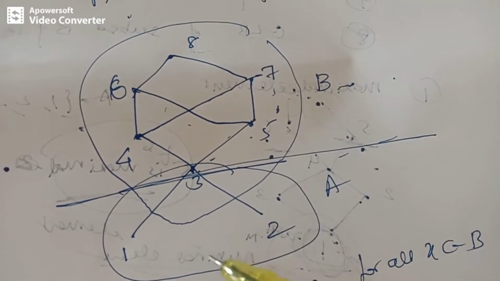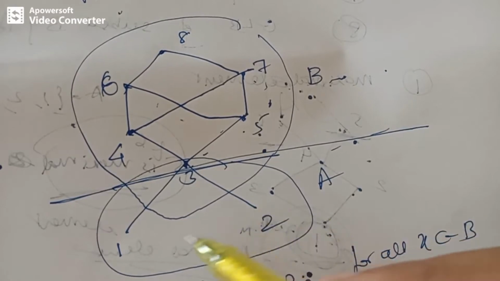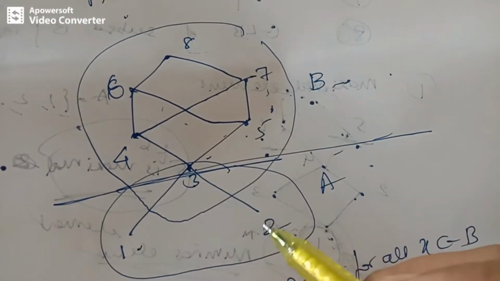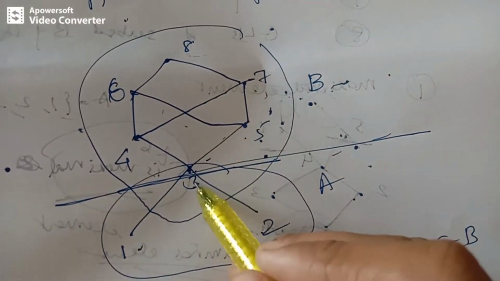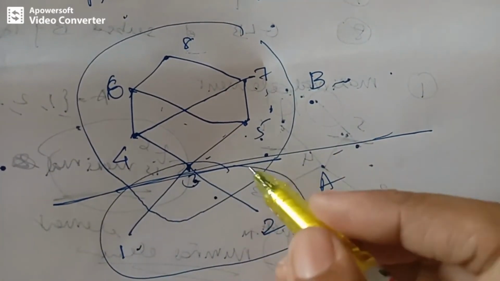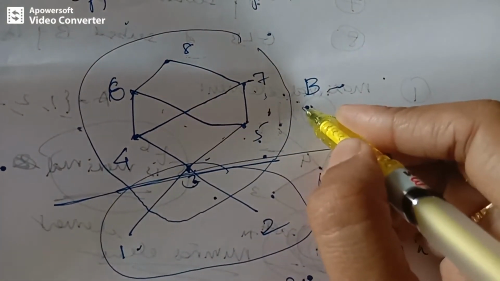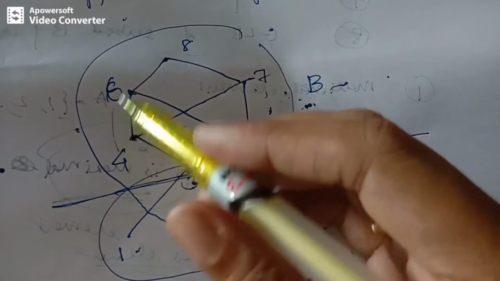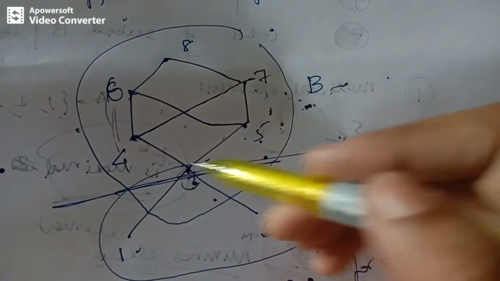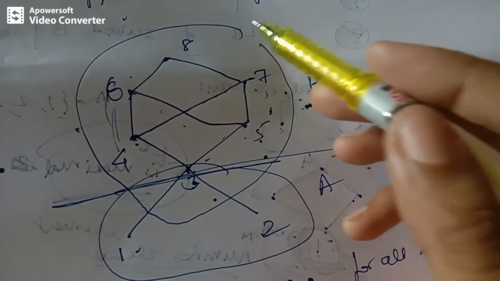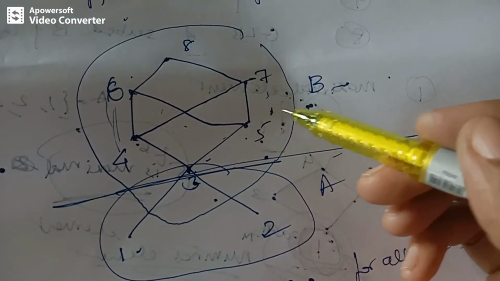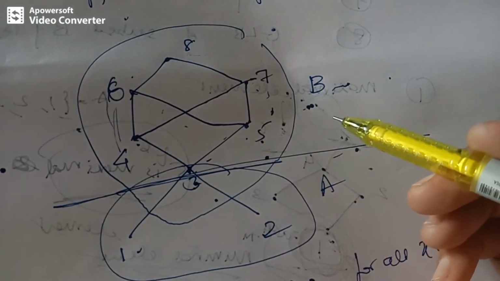Okay, so the upper bound is, you can observe 1 is related to 3 and 2 is related to 3. So 3 is the upper bound of this set B. Likewise we find that all these are also upper bounds of this set. 4, 5, 6, 7, 8 all are upper bounds of subset B, correct?